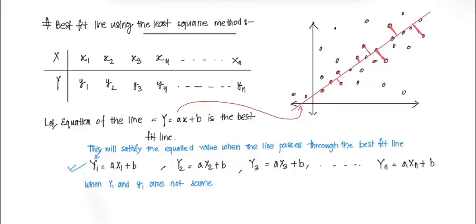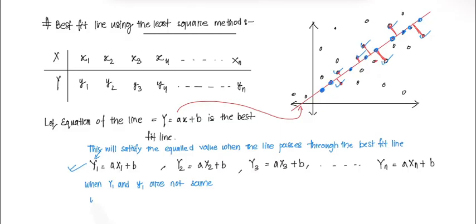This case is okay when y1 falls on the particular line, like these data points. But for the data points where y1 is not the same as capital Y1, we have to fix this.